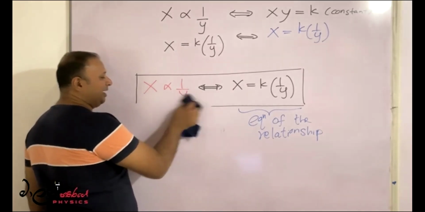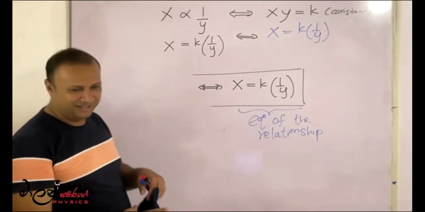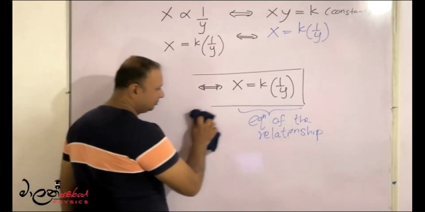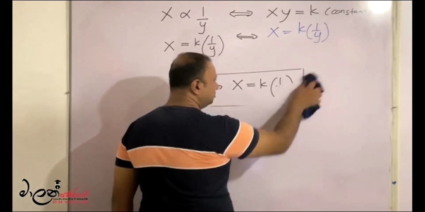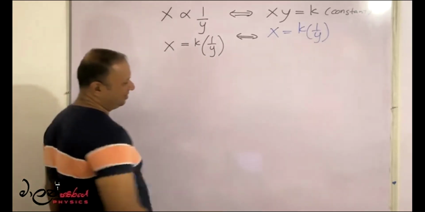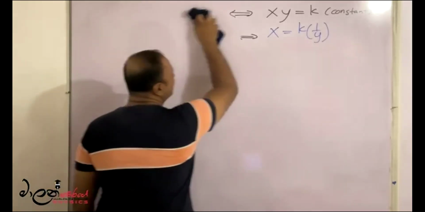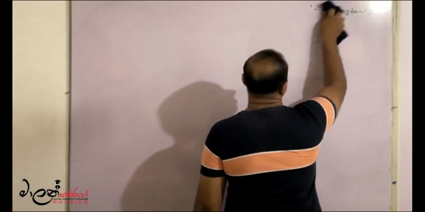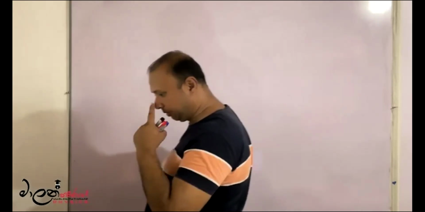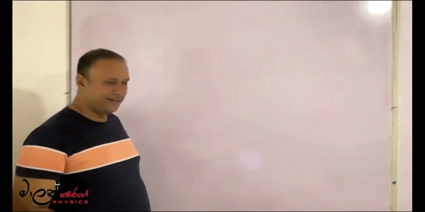Can anyone guess the graph between x and 1 over x?